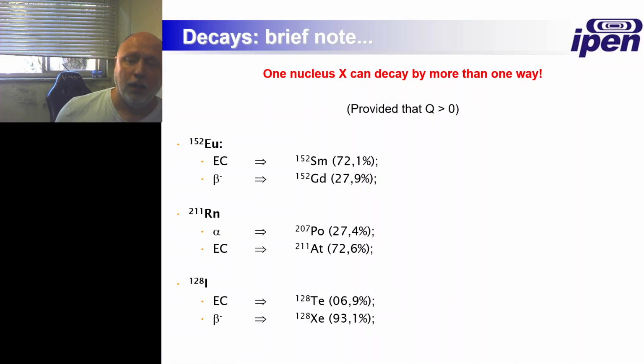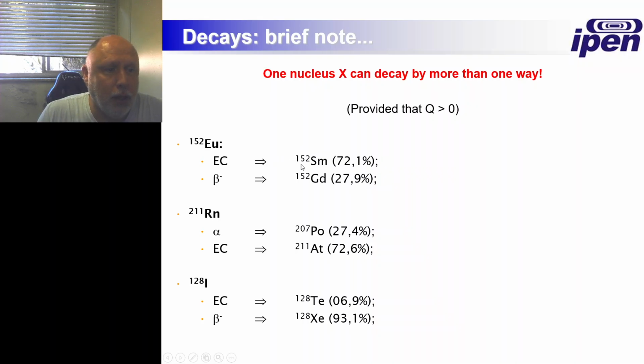Meaning, if there are two possible ways for a nucleus to release energy, it can go by both ways. Of course, the same nucleus will decay either one way or the other, but you have a large population of that. A part of them will decay one way, the other part will decay the other way. Some examples: europium-152, which is a calibration source we use a lot in the lab.